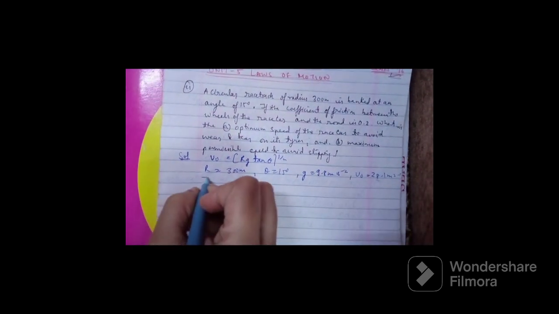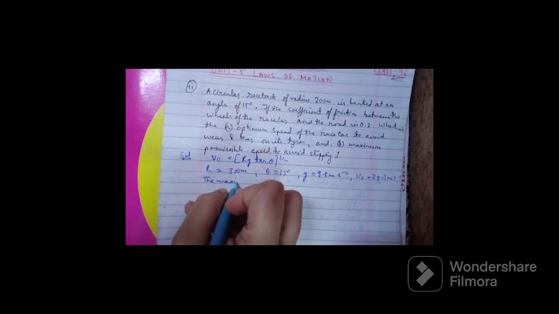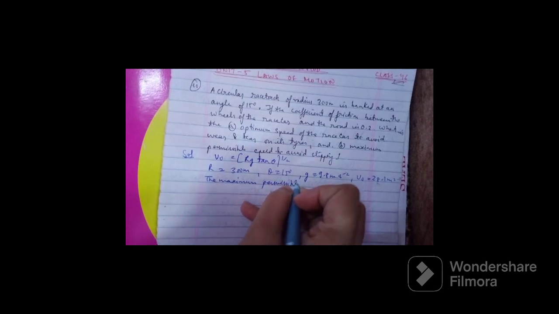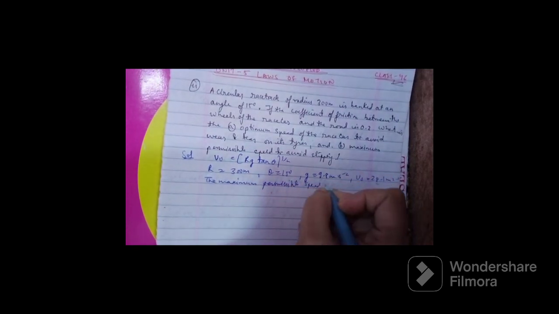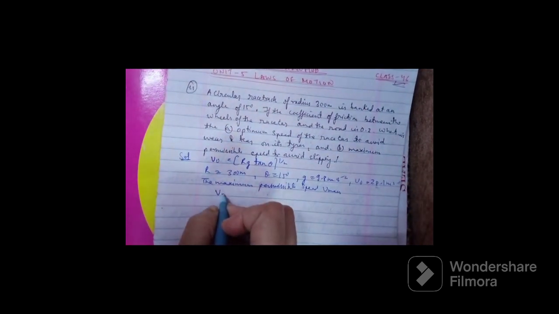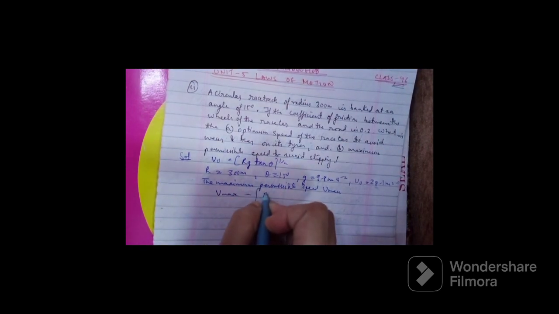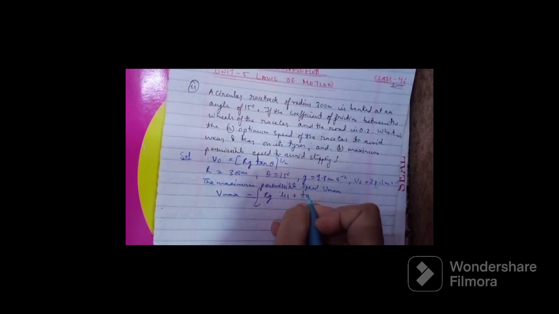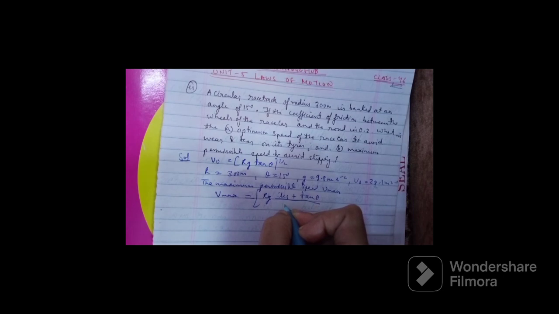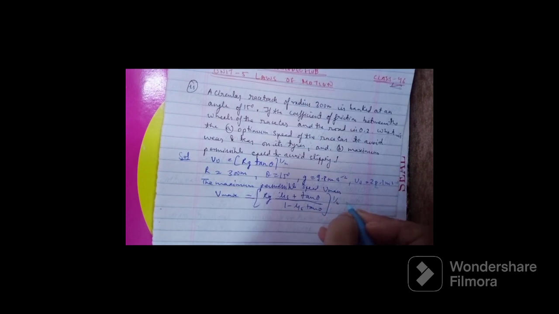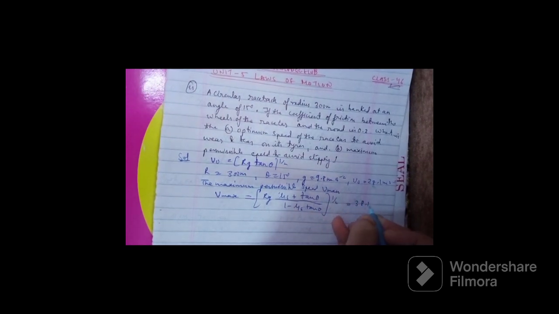The maximum permissible speed vmax is given by vmax equals R g (mu s plus tan theta) upon (1 minus mu s tan theta), to the power half, which equals 38.1 meter second inverse.